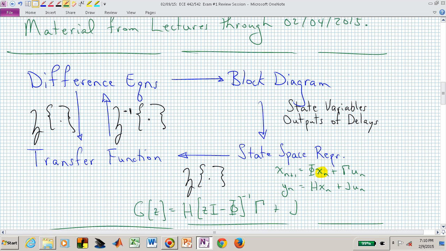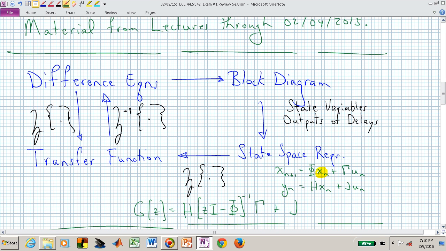And so it's actually nice if you have this intuitive feel for block diagrams and state space. You can feel how your system is interconnected, and you can think of it in terms of a block diagram, even though it's given to you as a state space representation.